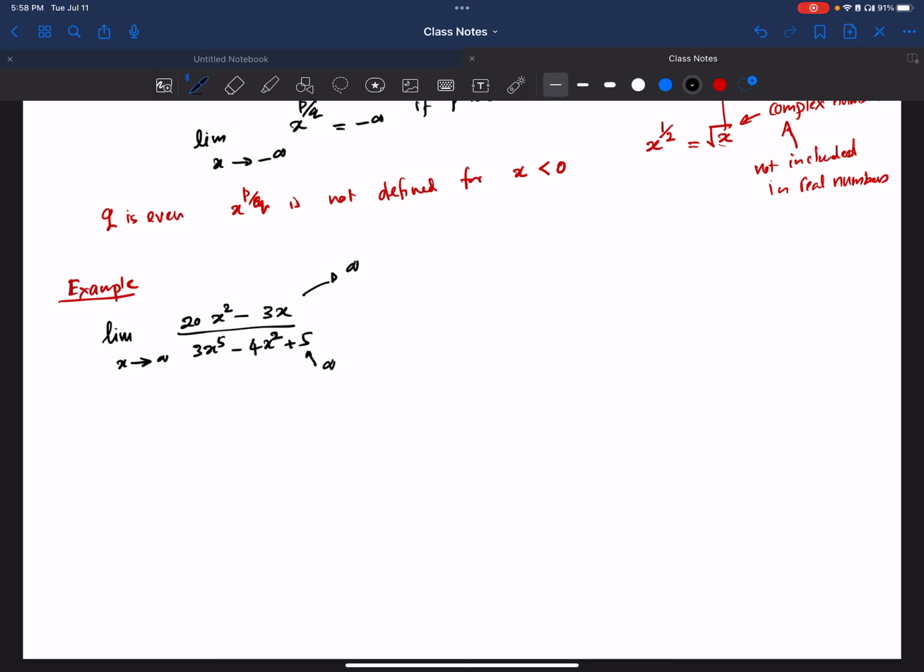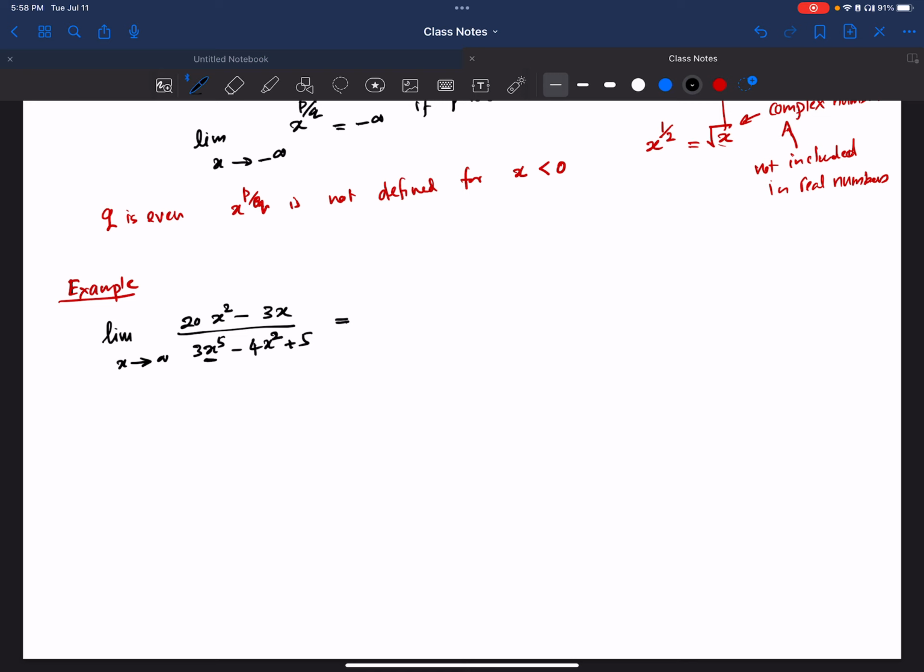So what can we do? We take the highest power of x in the denominator and divide all the terms by it. The highest power of x in the denominator is x to the power 5.